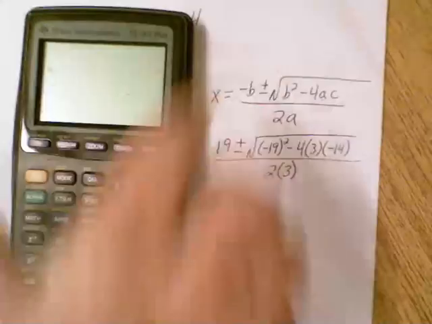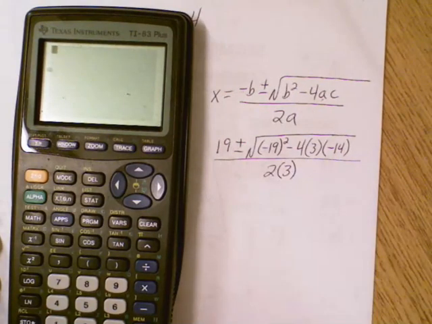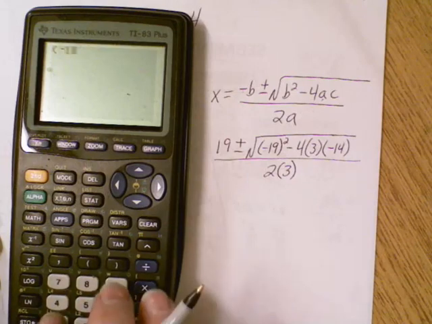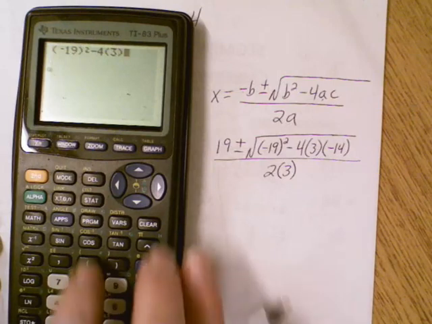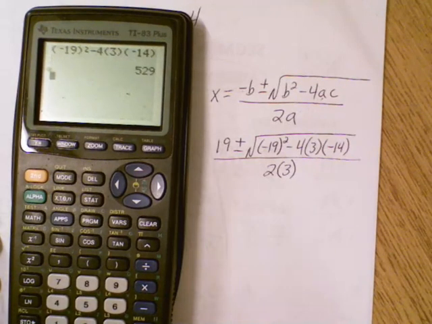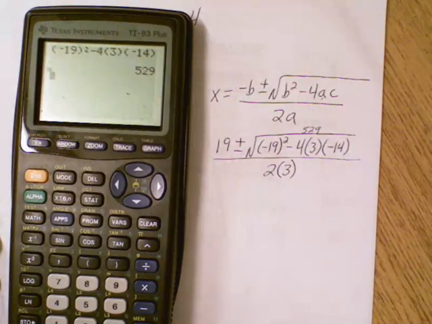Now I grab my calculator, and I'm going to put this whole thing in parentheses just like it is. Parentheses negative 19, close the parentheses, squared, minus 4 times parentheses 3, close the parenthesis, open a new one, negative 14, close the parenthesis, hit equals, and everything underneath there is 529.